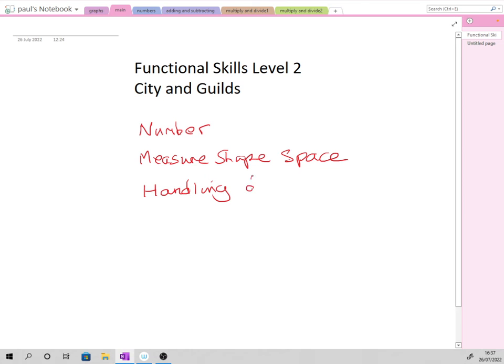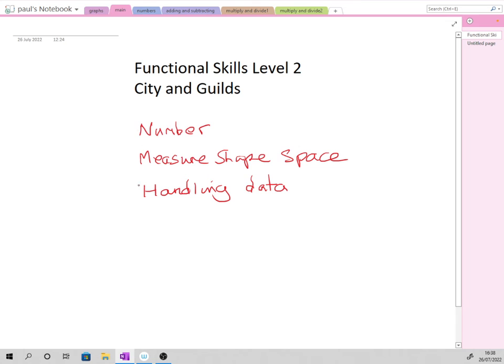Now, do not worry if you don't know what all these things are, if it's been a long time since you've studied any maths. We'll go through it part by part. We'll look at some examples, and each lesson will have a big pack to go with it, with some homework and practice and self-study and such like.